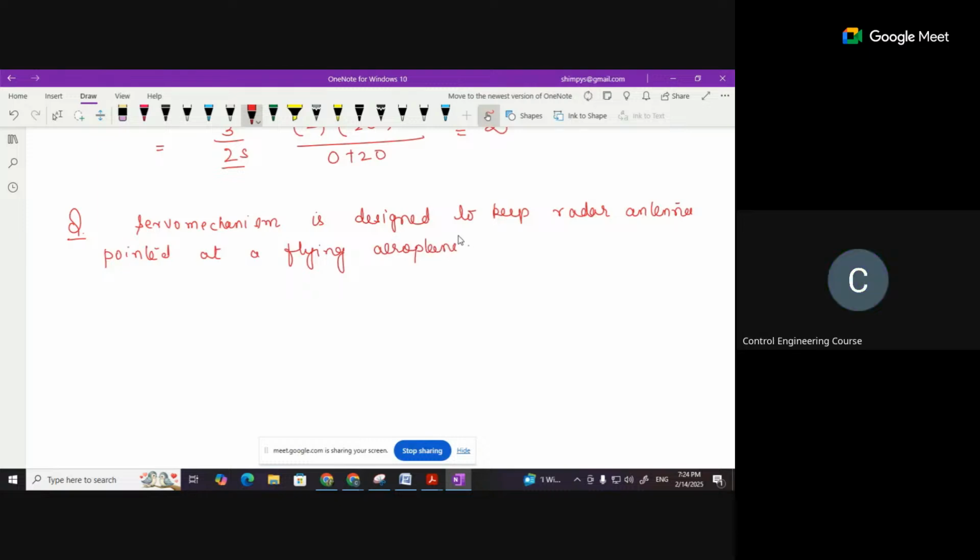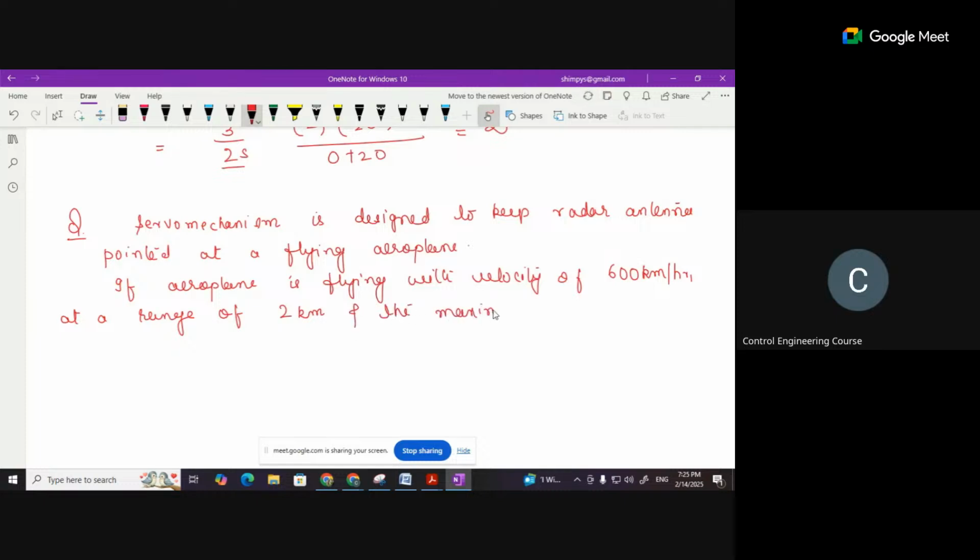Now, if this aeroplane is flying with a velocity of 600 kilometer per hour at a range of, say, 2 kilometer, and the maximum tracking error is to be within 0.1 degree, you have to determine the required velocity error coefficient.